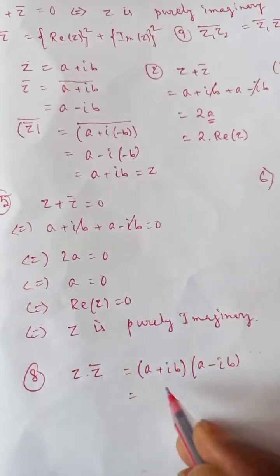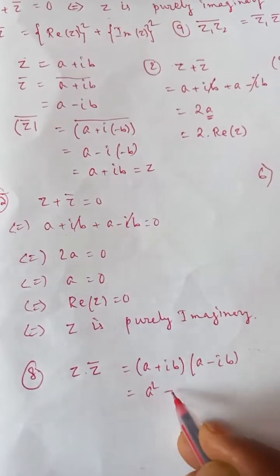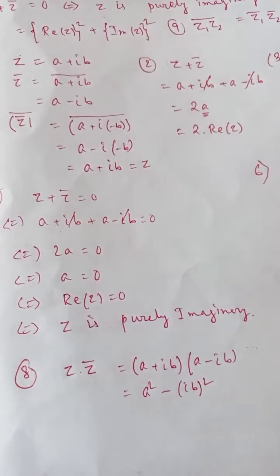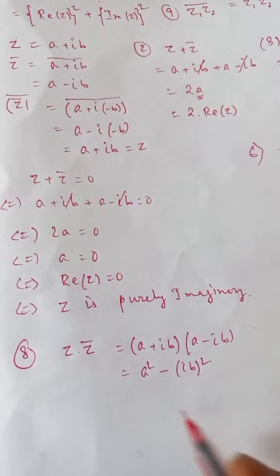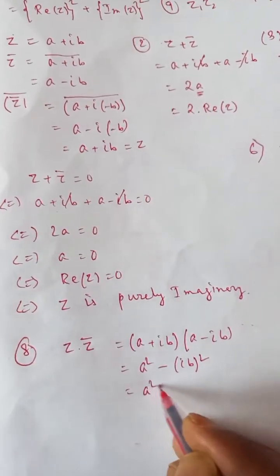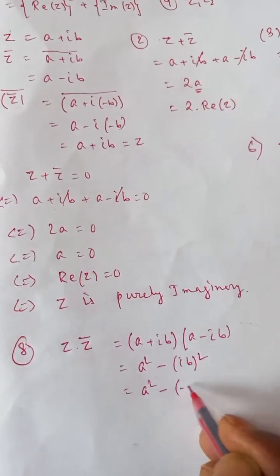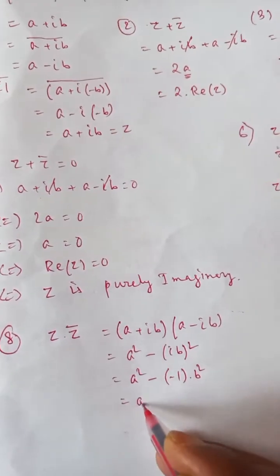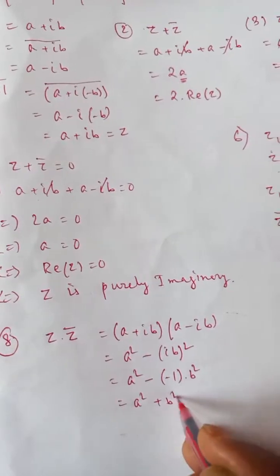If we multiply, this will be a square minus iota square b square. Since iota square is equal to minus 1, this will be a square minus minus 1 b square. So it is equal to a square plus b square.